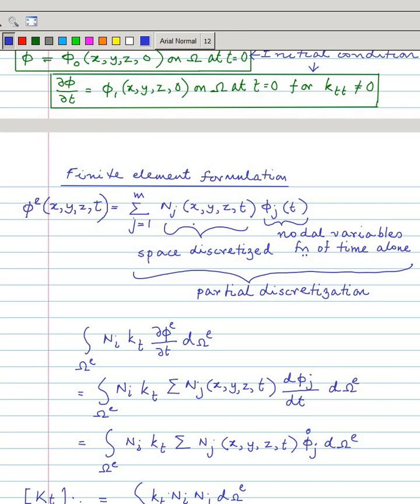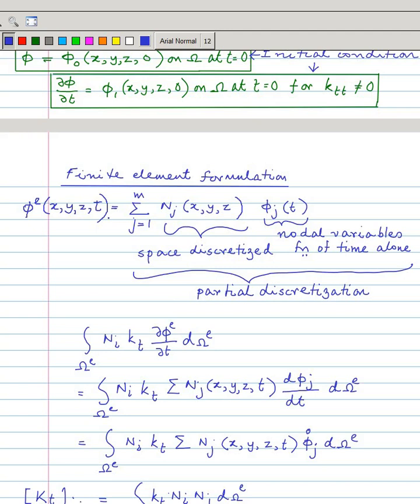So only the space is discretized. Here I made a mistake, time will not be there in the shape function. So this is a shape function, and this is the nodal variable. This is called partial discretization, that is space is discretized but time is not discretized.